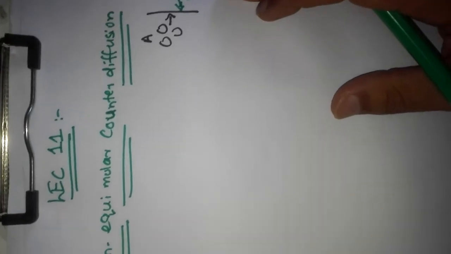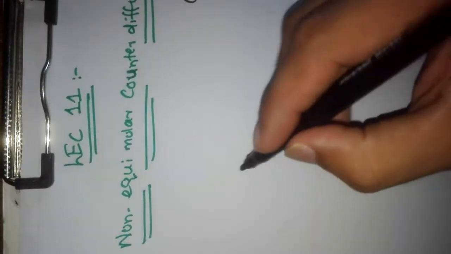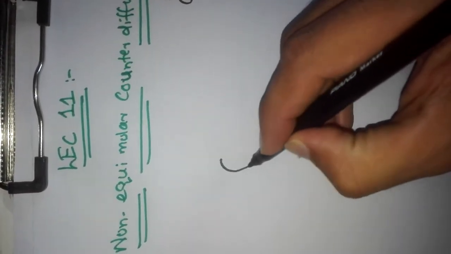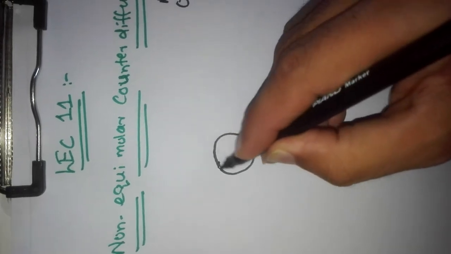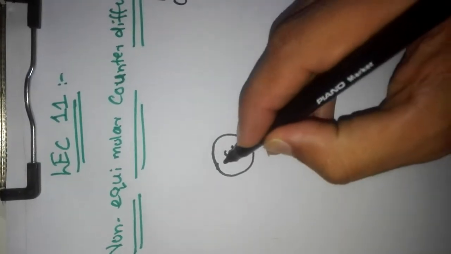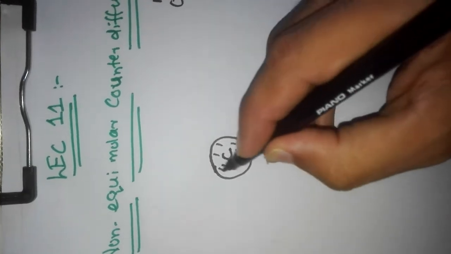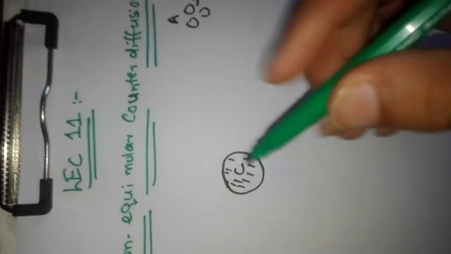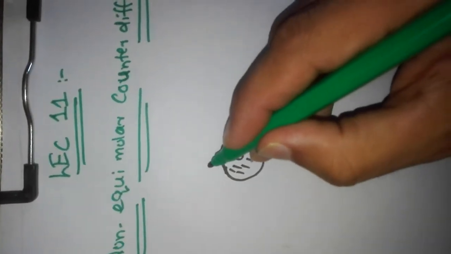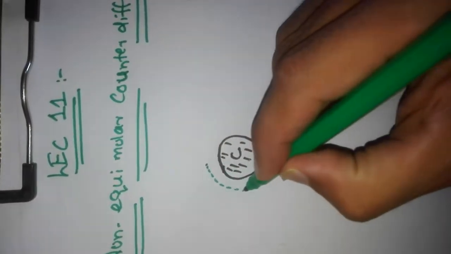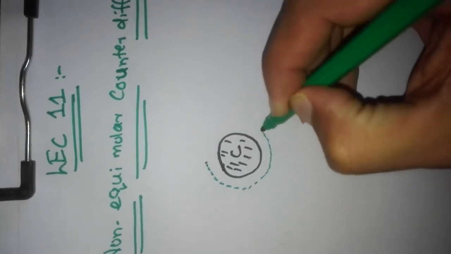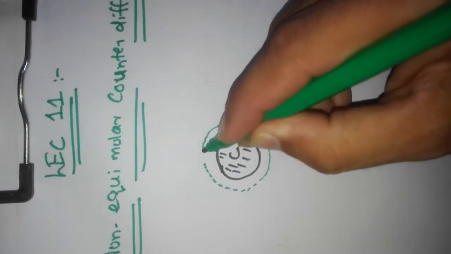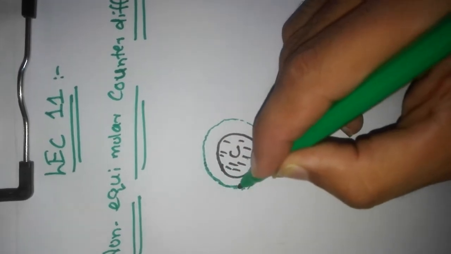Its best example is, suppose there is a char or carbon particle, or coal particle, which is burning in the presence of oxygen, and there is a stagnant layer of air surrounding it.